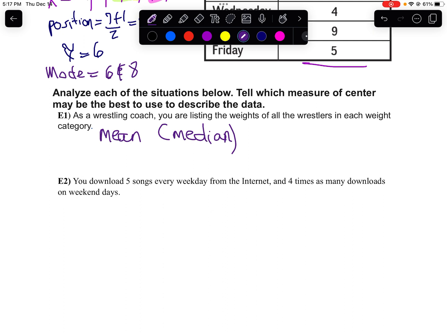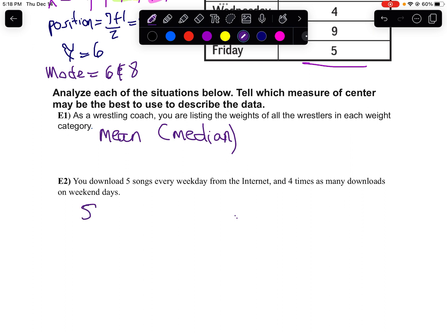Okay, here's example 2. We have a case where we have some really distinct numbers. We have 5 songs every weekday. So for 5 days, I don't know why I put a plus there, maybe trying to mislead you.